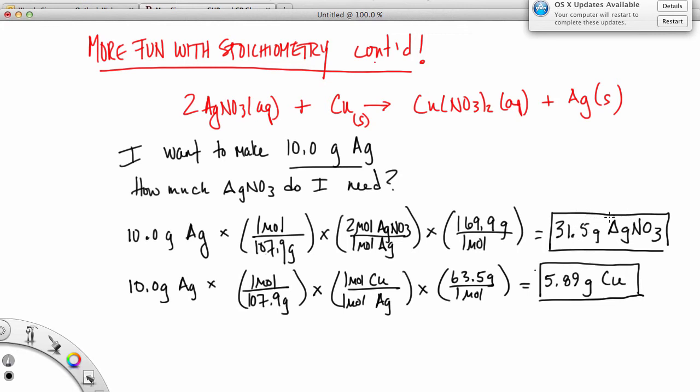So if I just change the amounts of just one of these reactants while keeping the other the same, we will have a limiting reagent and an excess reagent. However, we will still only make 10 grams of silver. That's important to remember. All right? The limiting reagent controls the amount of product that's being made.